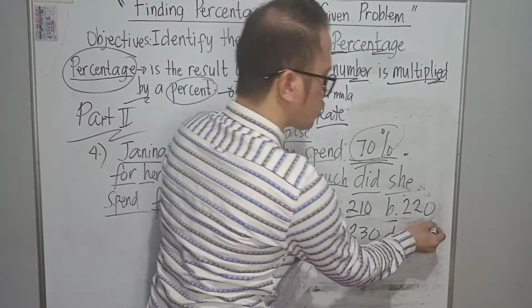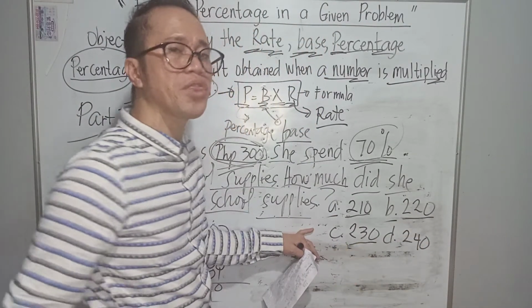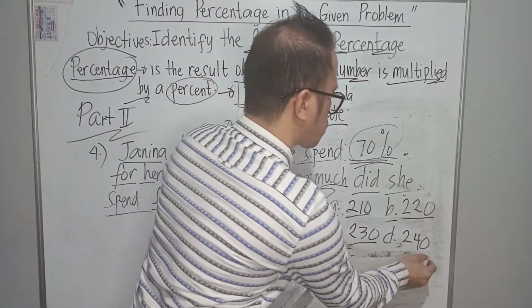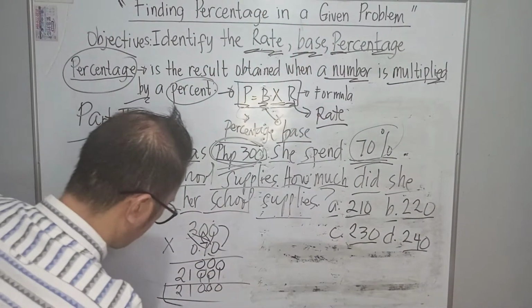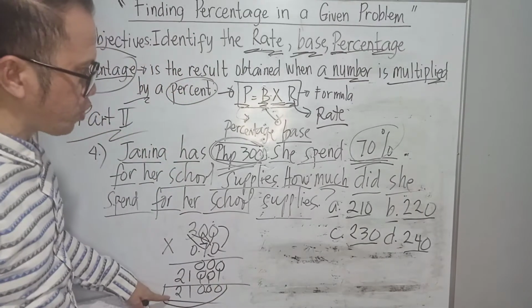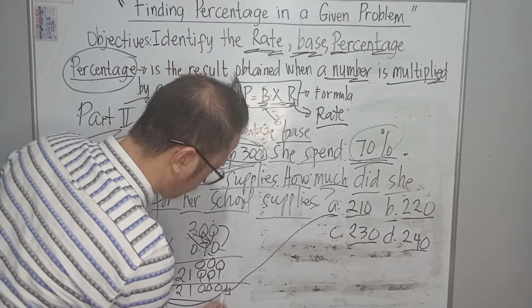Letter B, 220. Letter C, 230. Letter D, 240. Let us find our solution. The answer we solved is 210. Where is that? Letter A.